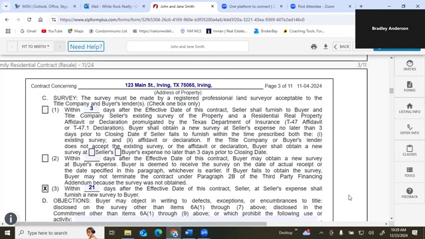So why would you put this here? Well, it says buyer may object in writing to defects, exceptions, or encumbrances to title disclosed on the survey other than items 6A1 through 7 above. Those are the exceptions that no one has control over. Disclosed in the commitment other than 6A1 through 9 above, or which prohibit the following use or activity. Well, you know that your client is purchasing this not as their primary residence, but as a rental property.